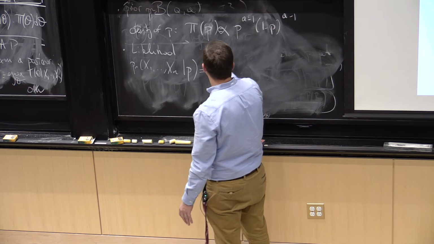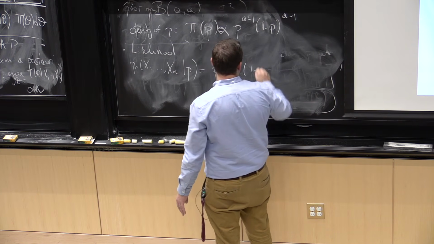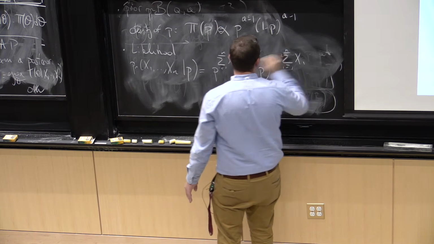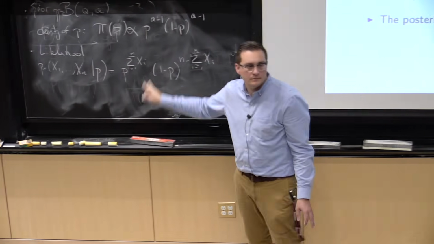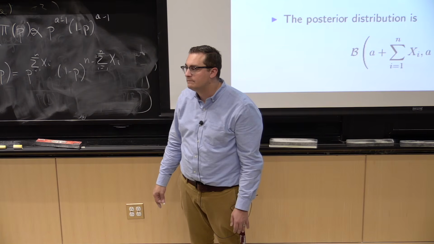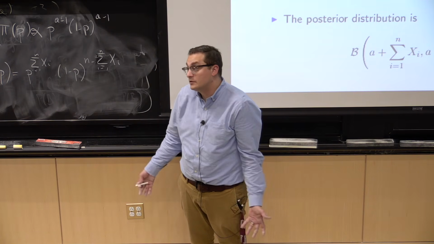Well, it was P to the sum of the xi's, times 1 minus P to the n minus sum of the xi's. Does anybody want me to parse this more? Or do you remember seeing that from maximum likelihood estimation? Yeah? So when you condition on a random variable, you really just treat that random variable as something deterministic. Yeah, that's what conditioning does.